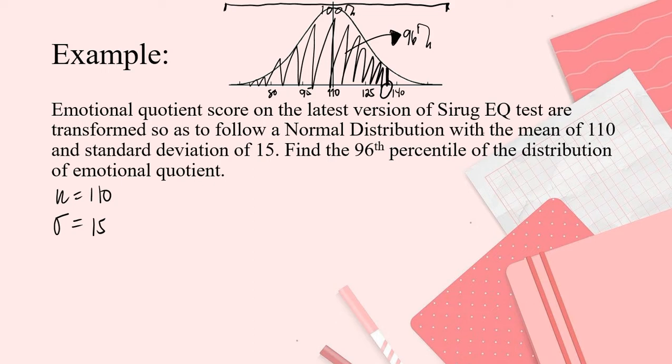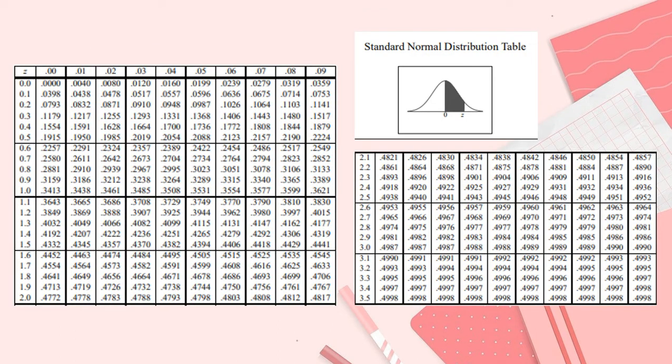So, lagi po nating tatandaan na ang ating normal curve ay symmetric. So, meaning kung ano po yung ilang percent yung nasa left side, ganun din yung percent na nasa right side. And take note po ng ating standard normal distribution ay hanggang 50% lang. Since equivalent naman kasi yung left sa right. Tama?